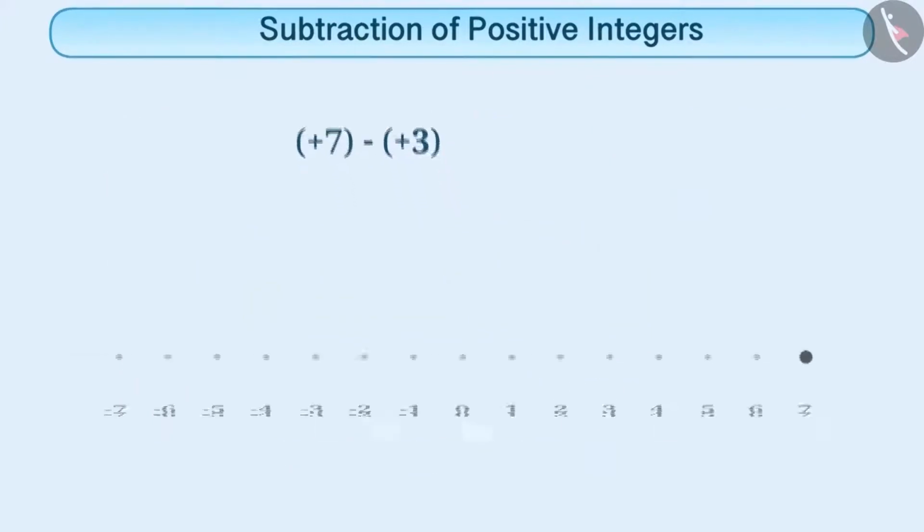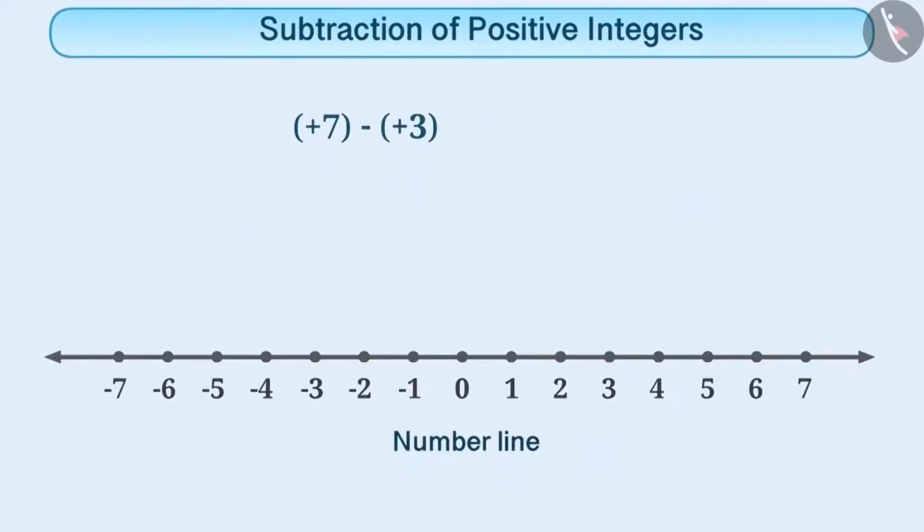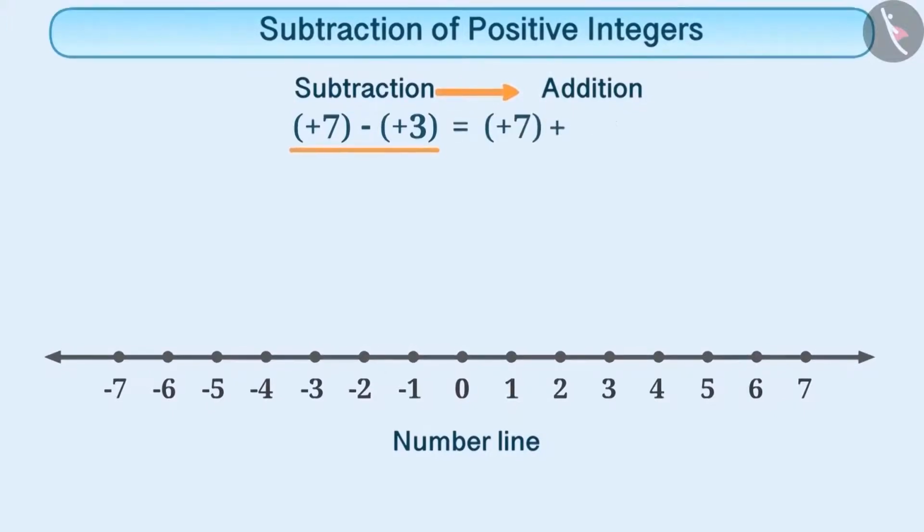Subtraction of integers can also be done on a number line. Here, first we will convert the operation of subtraction into an operation of addition. This means, in the place of +7 minus +3, we will write +7 plus -3. Now, the first number is +7.